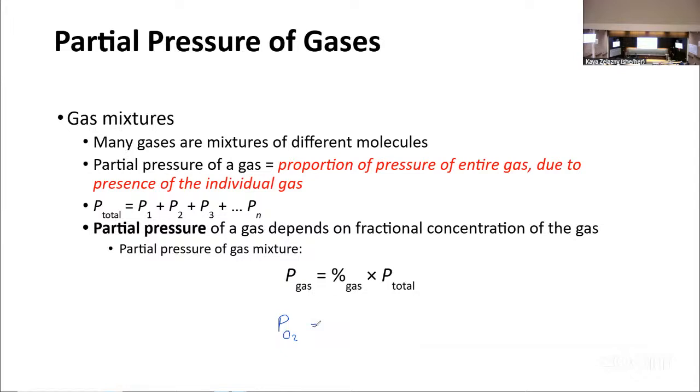But to get that partial pressure, we're just doing a percentage. So if our total pressure was 100 and oxygen was 50% of it, so 0.5, our partial pressure of oxygen in this gas would just be 50. That's it. Just the percentage of the total pressure gives you your partial pressure.